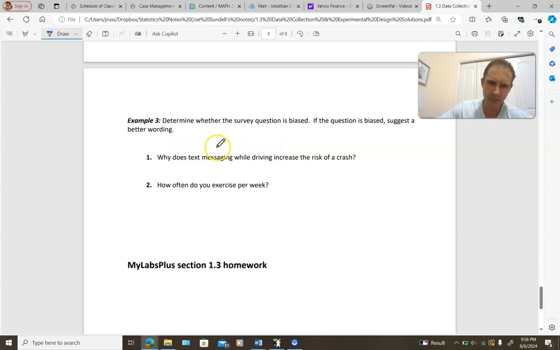The reason I think that is because implicit within this question, you are suggesting, before you've even sought out any responses, that text messaging already increases the risk of crash when driving. Okay. So I think number 1 is biased.